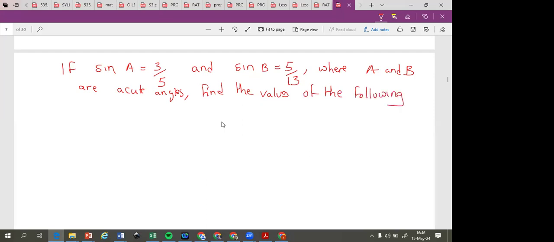So, part A, the first one we are going to deal with, is sine of A minus B.